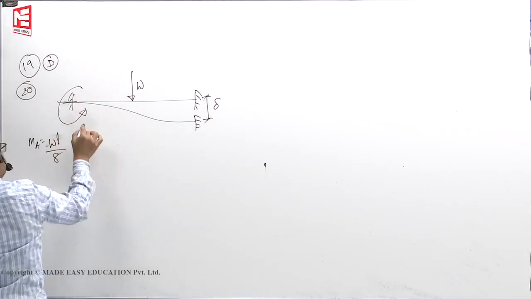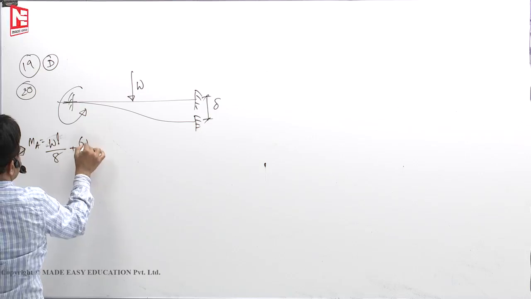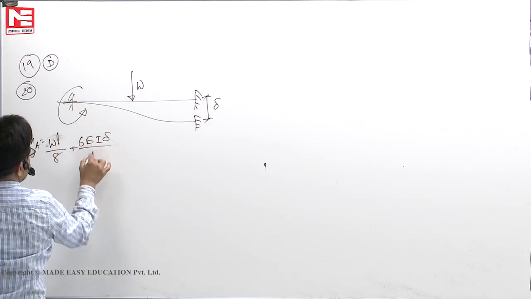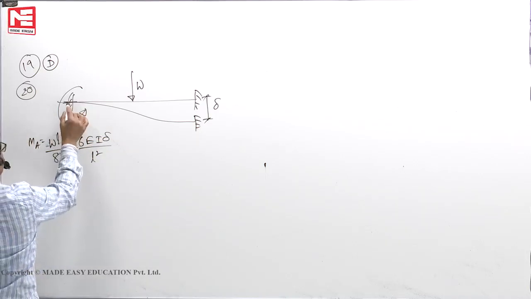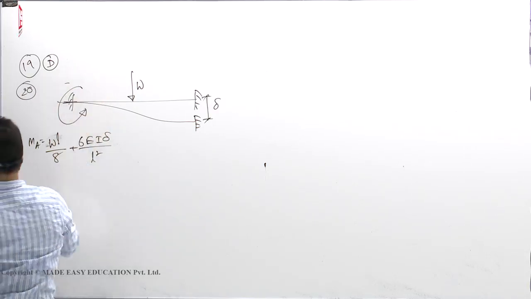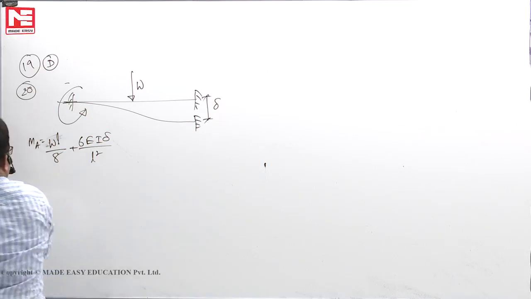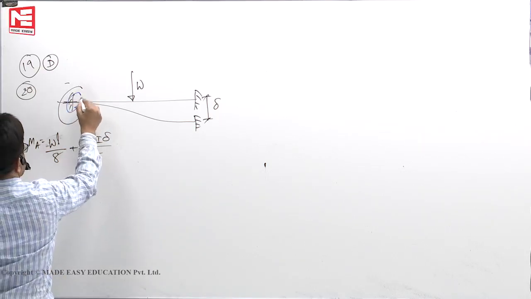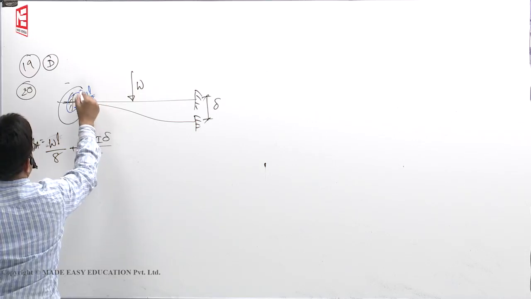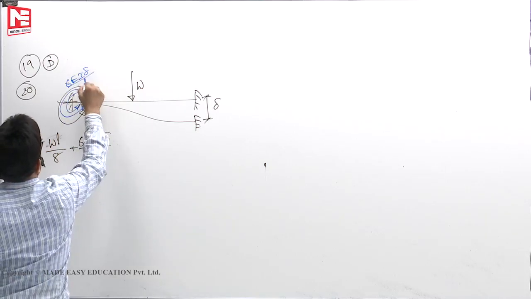Right? Then fixed end moment also in the same direction due to sinking, plus 6 EI delta by L square. This is WL by 8. To make the slope 0, I'll show both. This is WL by 8 and this is 6 EI delta by L square.